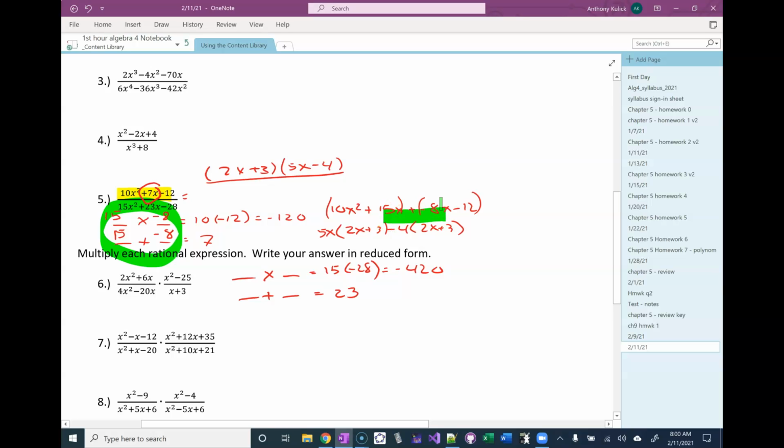So that's where the 15x minus 8x is coming from. And then the 10x squared and 12 are just the original parts. Yeah, but how you got 2x plus 3? Okay, so if I look at 10x squared and 15x, I look for a greatest common factor. That's how you got it? Use greatest common factor? Yes. Okay.